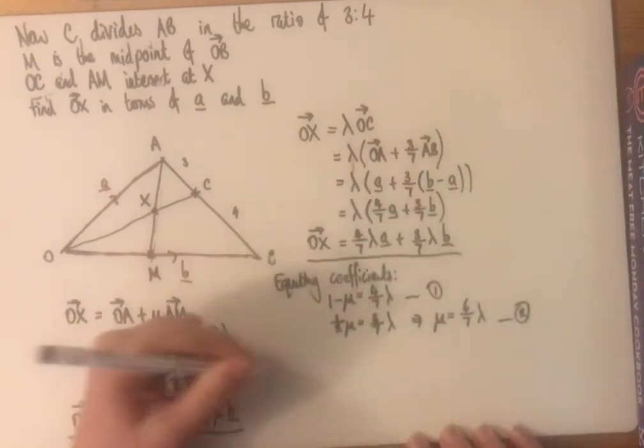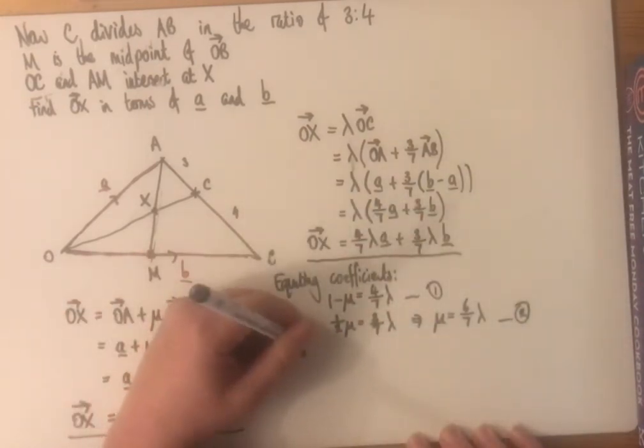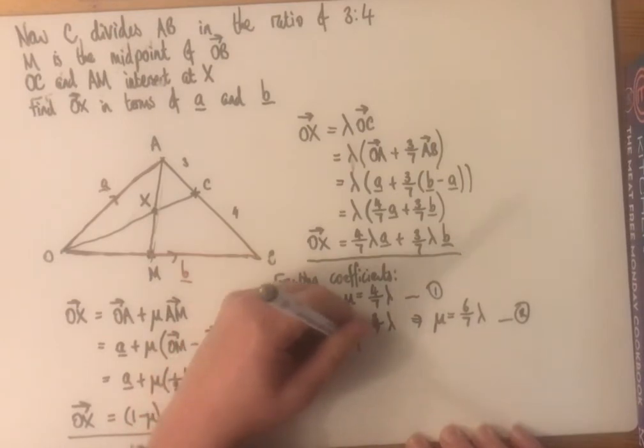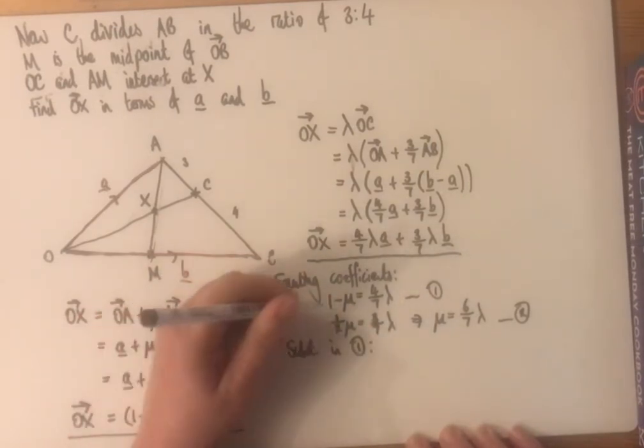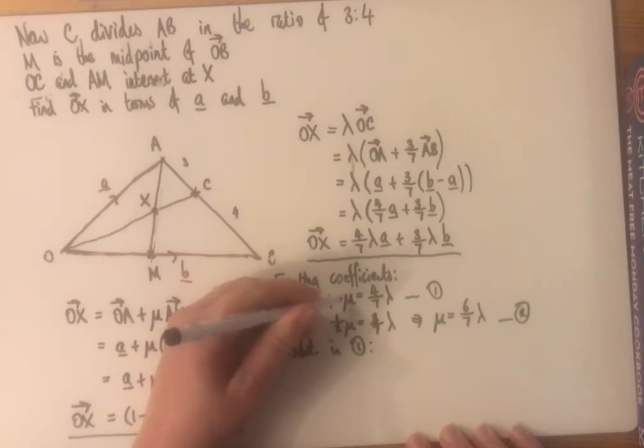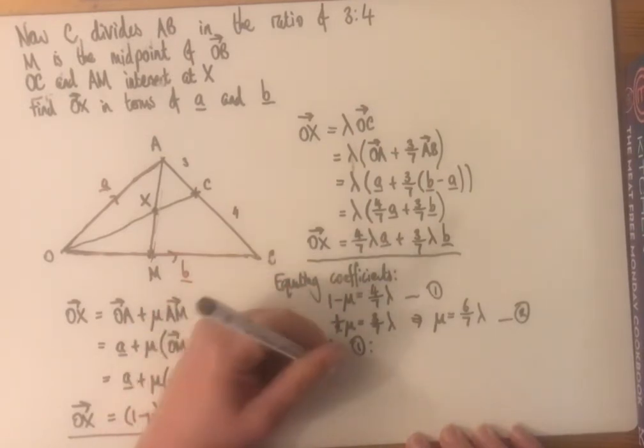And then I can substitute into 1. So I'm just solving these equations simultaneously. And then you get 1 minus 6/7 lambda equals 4/7 lambda.